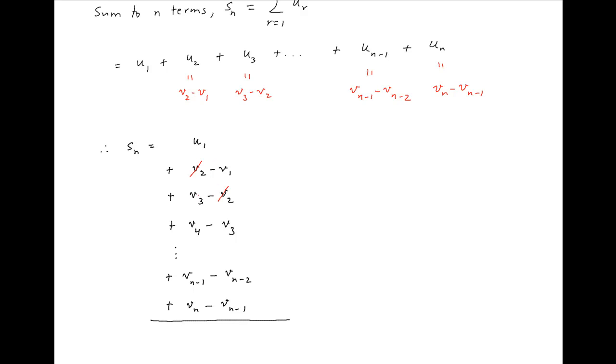Notice that V_2 cancels with the V_2 in the next row, V_3 cancels with V_3 in the next row, and so on and so forth, till we are left with only 3 terms on the right hand side. And therefore the right hand side is equal to U_1 minus V_1 plus V_n.